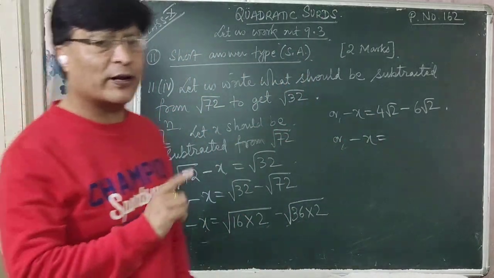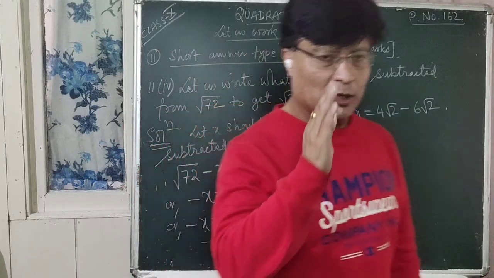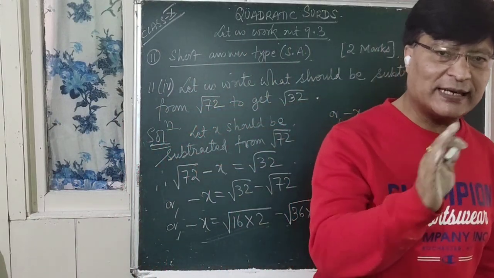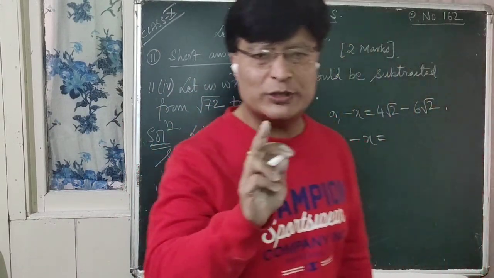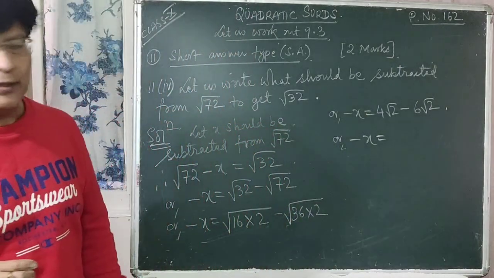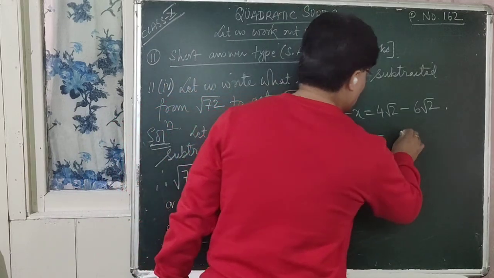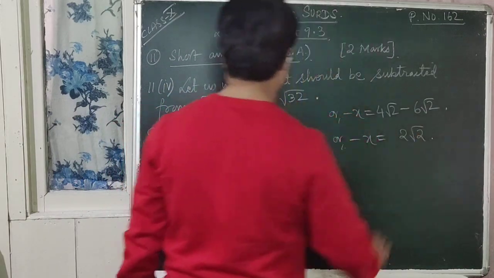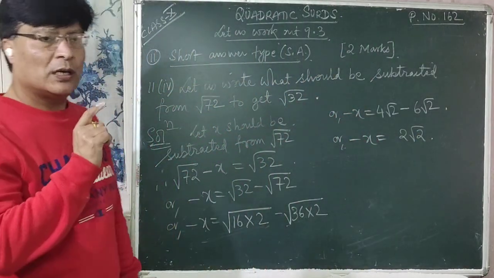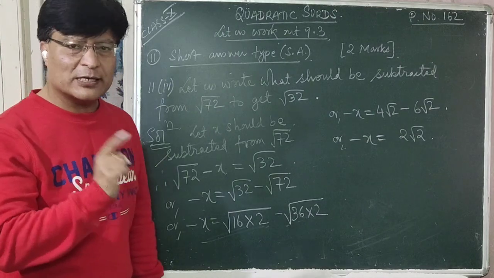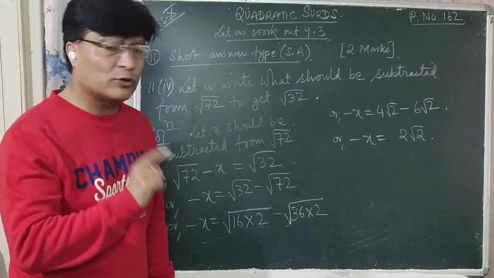It is just like 4a minus 6a. 6 एप्पल बाट 4 एप्पल घटाउँदा कति हुन्छ? 2 एप्पल मात्रै हुन्छ. बुझ्यो? Similarly, 6 root 2 minus 4 root 2 is 2 root 2, right? This is your 2 root 2. Is that clear? 4 root 2 minus 6 root 2, it will be 2 root 2.